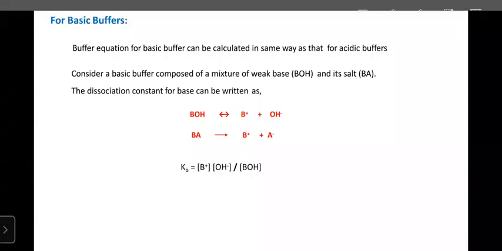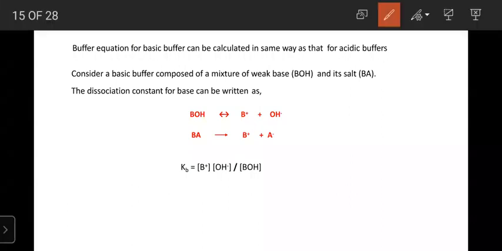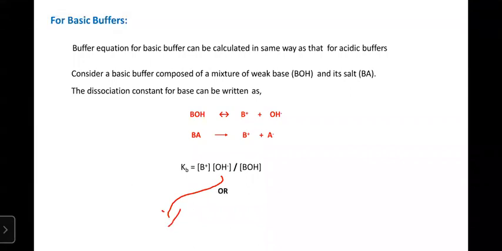Rearranging this equation, the concentration of OH minus ion is equal to Kb into BOH divided by the concentration of B plus ion. Clear? We call it equation number 1.